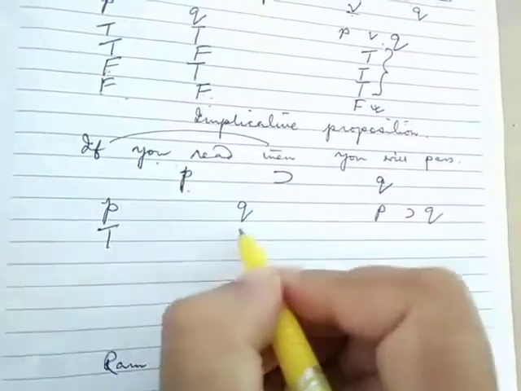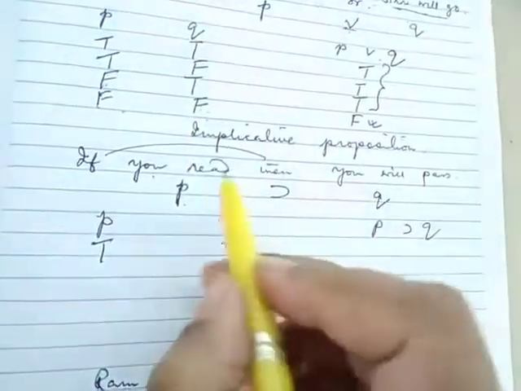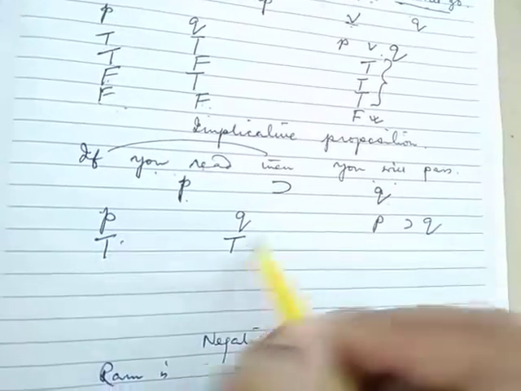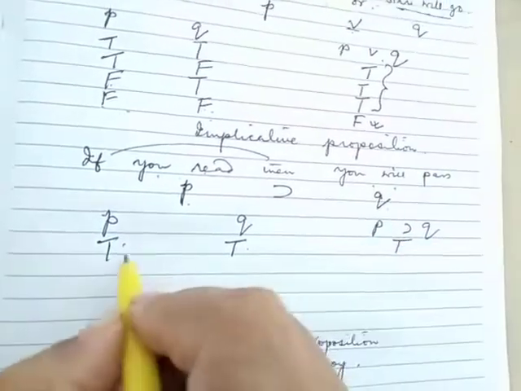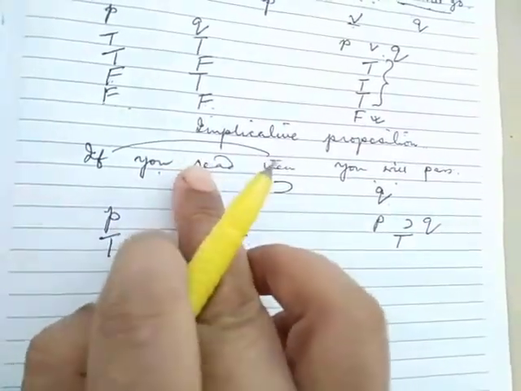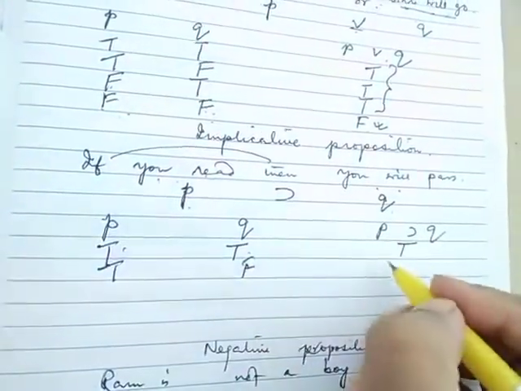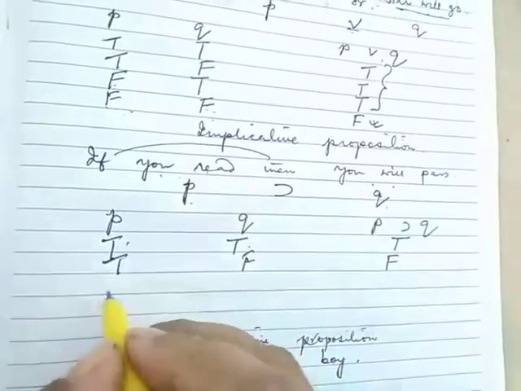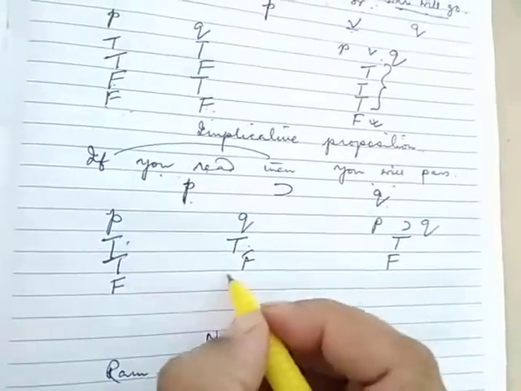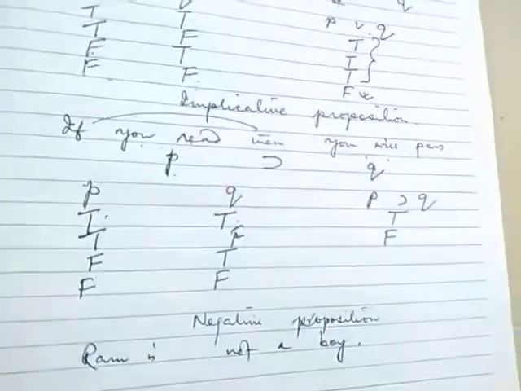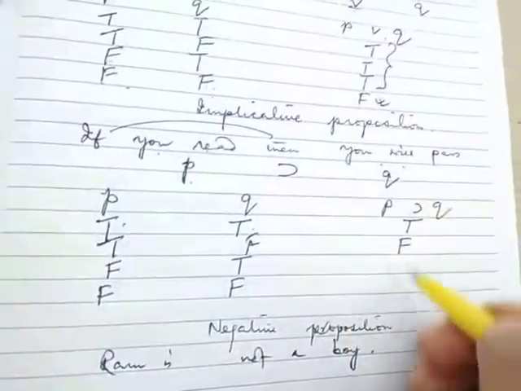Now if you read and you pass also, this whole sentence is actually correct. You have read and you have passed, that means it is correct. It is said that if you read, then you will pass, but if you have read but you failed, then it is false automatically. But if you do not read and you pass, or if you do not read and you do not pass, then what will be the value?